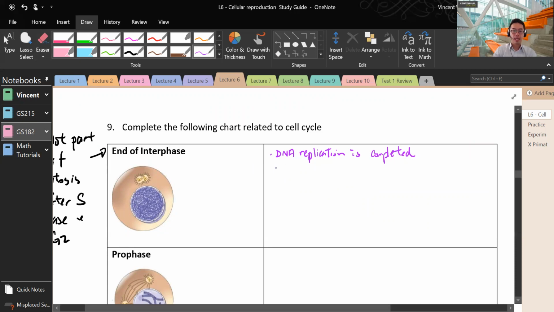The thing is still like a mess. You can't really see the individual chromosomes. So what happens is the chromatin starts to condense into chromosomes.